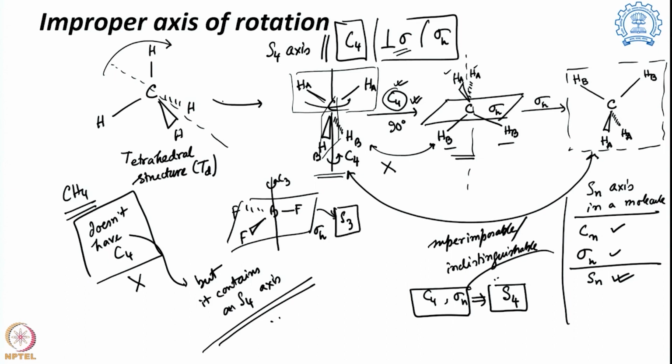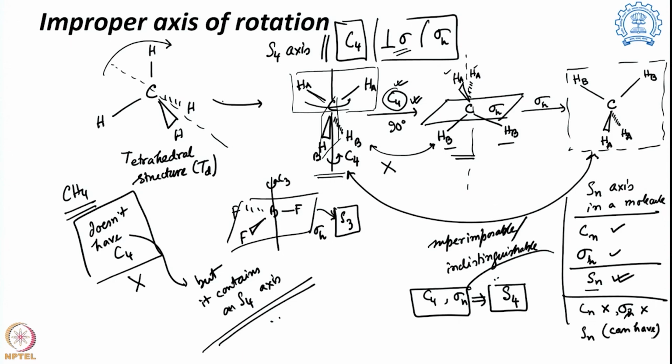So, if a molecule already contains a Cn and sigma h, it will obviously have an Sn, but it does not mean that if a molecule does not have Cn and does not have sigma h, that it cannot have an Sn, it still can.